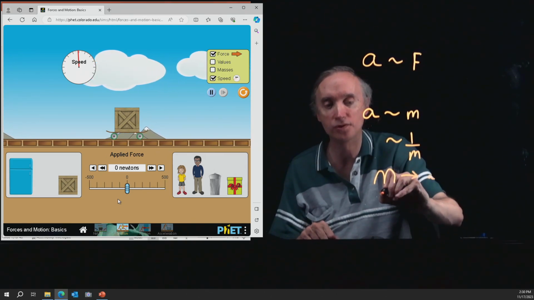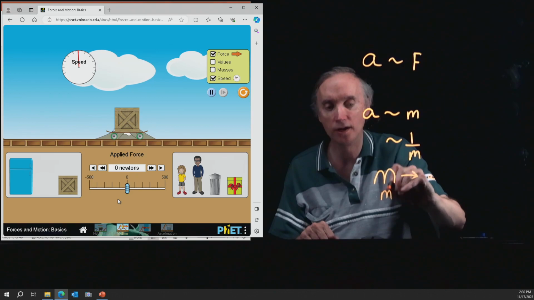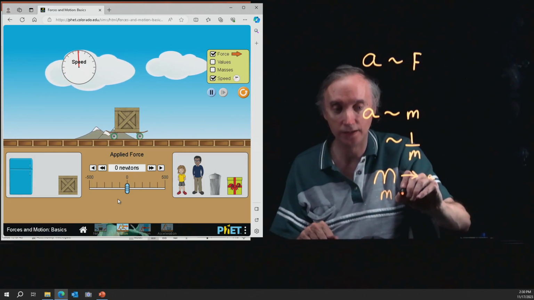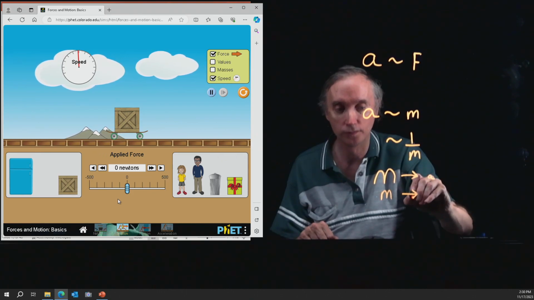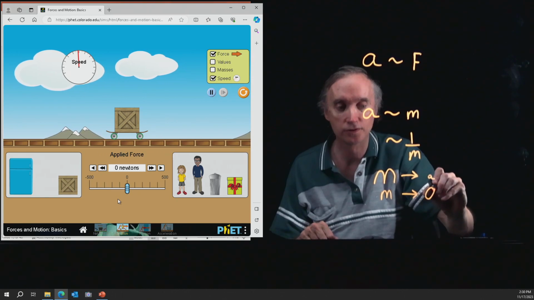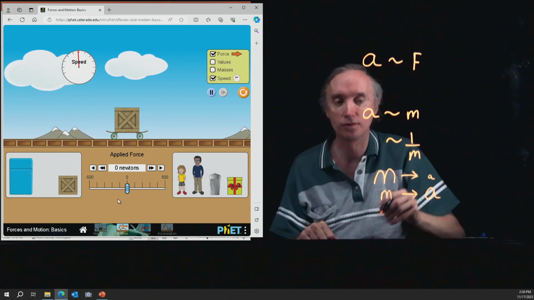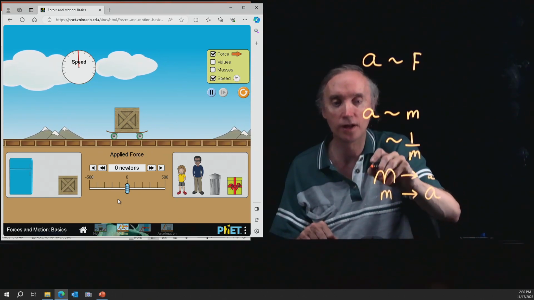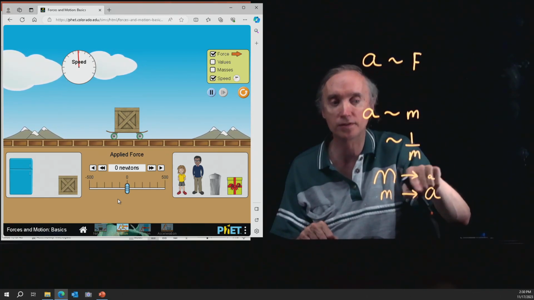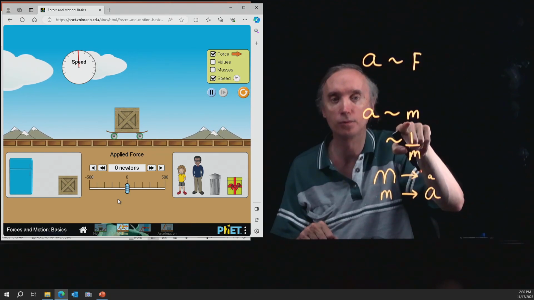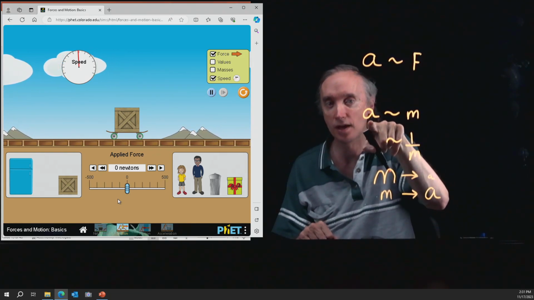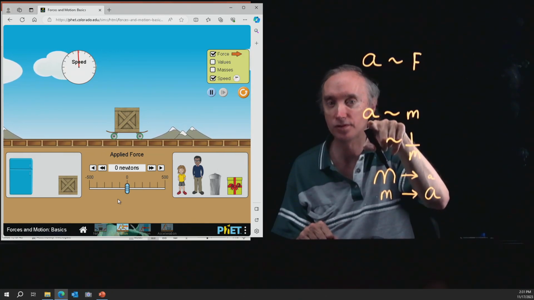And then when you used the crate, the one that had the small m, you should have noticed that it accelerated more. So the speedometer went up faster. So it'd be a big A. This is what we just figured out. And which of these two mimics that? The first one here would say, if you increase the m, it would increase the A. But that's not what we saw.